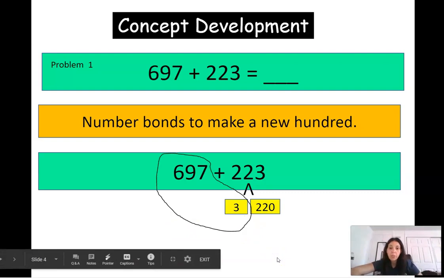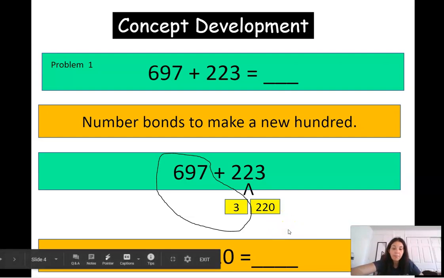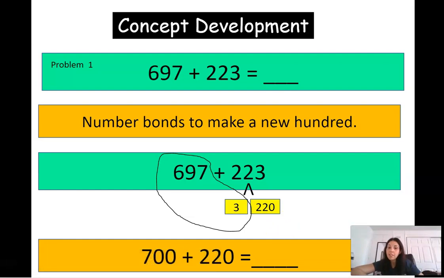So we're going to add 697 plus 3, and that gives us 700. And then we'll add 700 plus 220. This is a pretty easy addition problem to solve. 920.